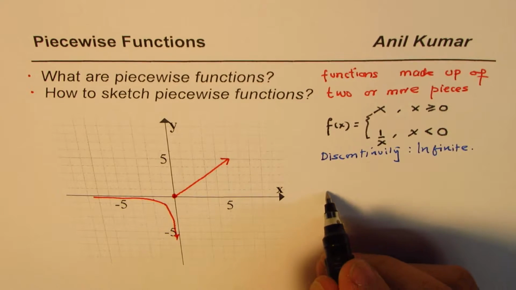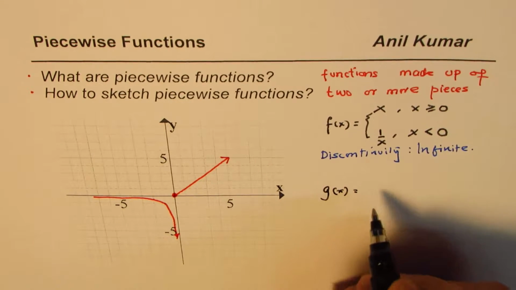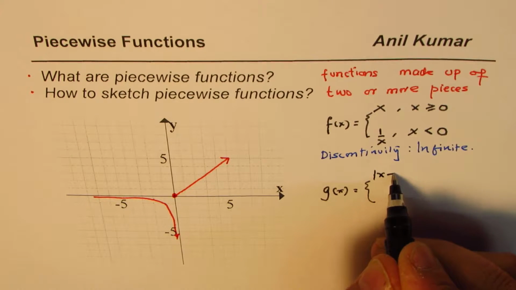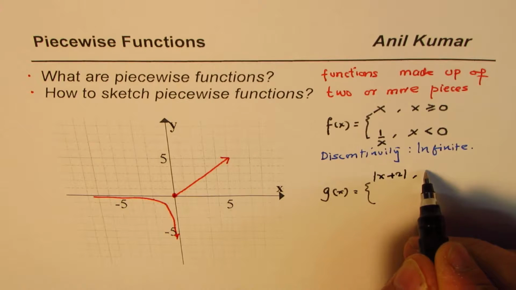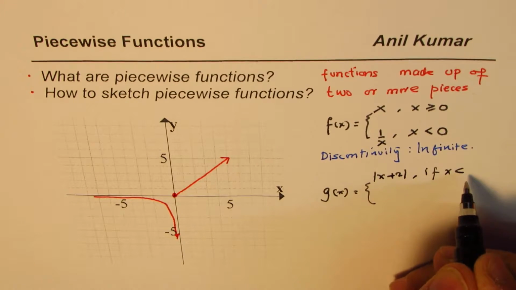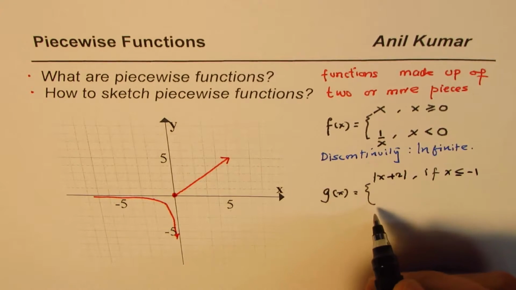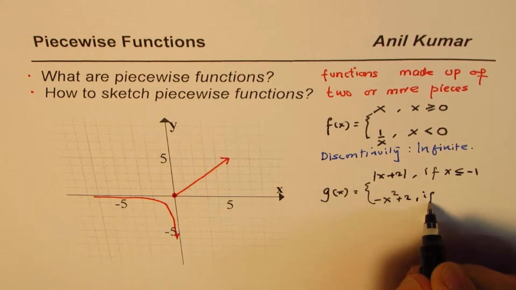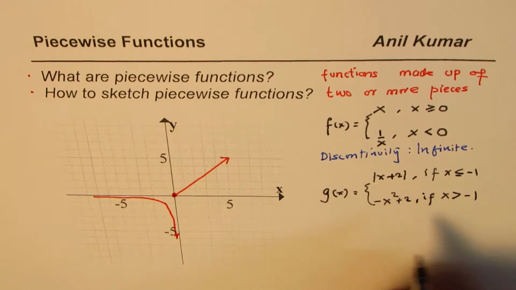Let me take another example of pieces which could be joined together. For example, if I have a function g of x which is equal to the absolute value of x plus 2 if x is less than or equal to minus 1, and equals minus x squared plus 2 if x is greater than minus 1.